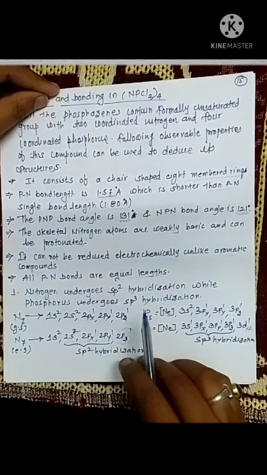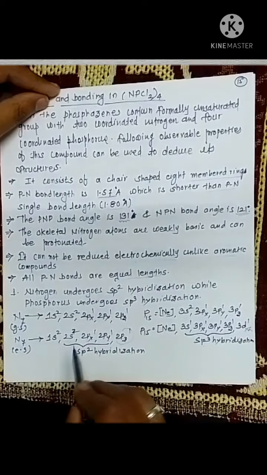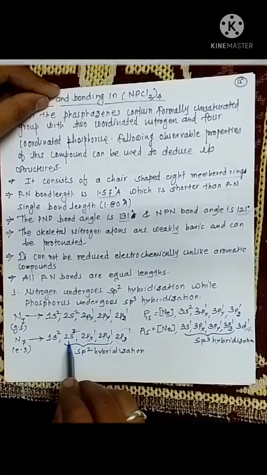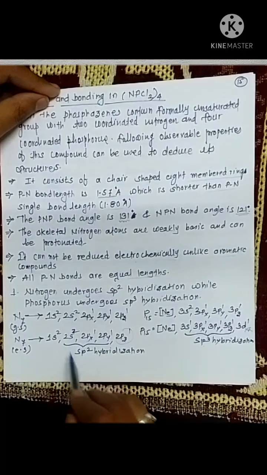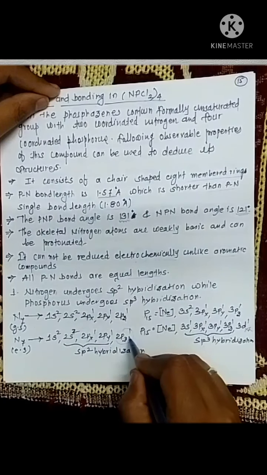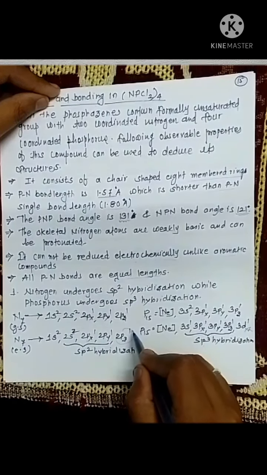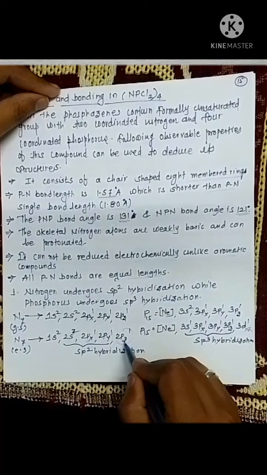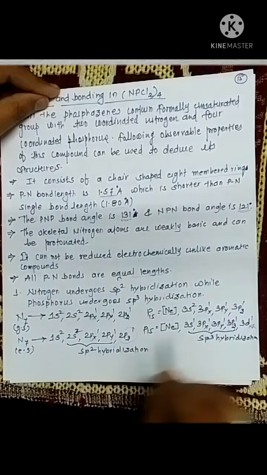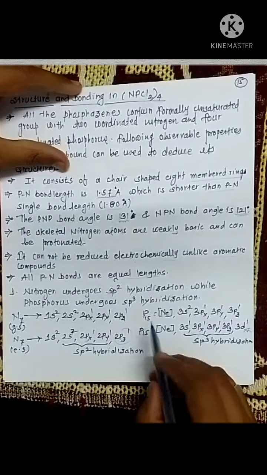So just see here, nitrogen undergoes sp2 hybridization, and in this sp2 hybridization one of the hybrid orbitals of nitrogen contains a lone pair of electrons, while there is a 2pz orbital which is unhybridized and contains a single electron. Basically this unhybridized 2pz orbital is perpendicular to the sp2 hybrid orbital of nitrogen.